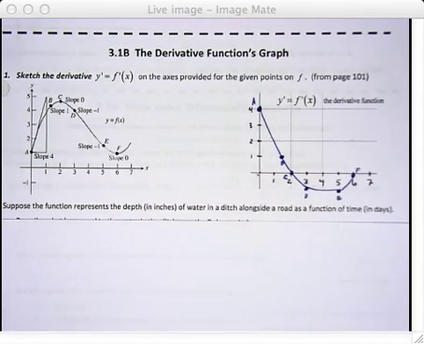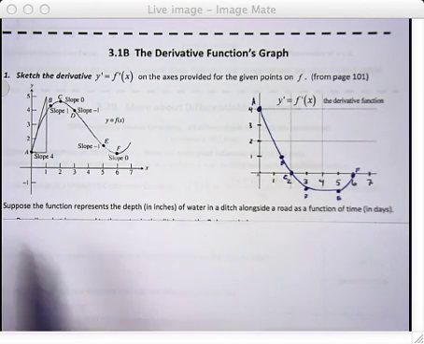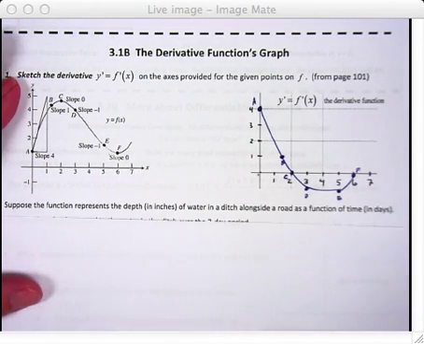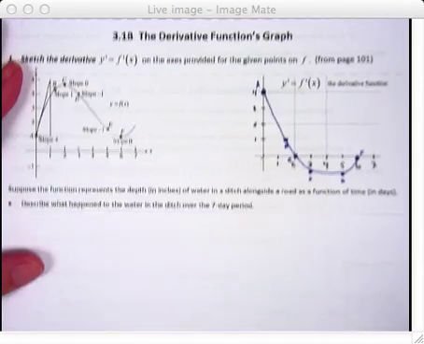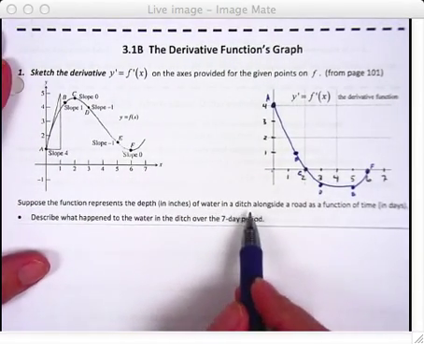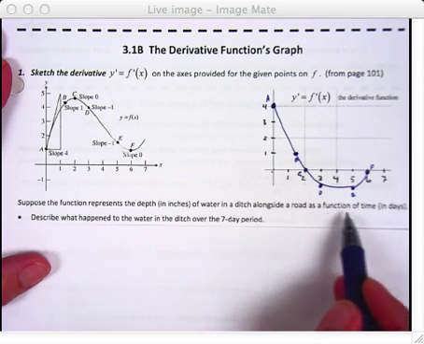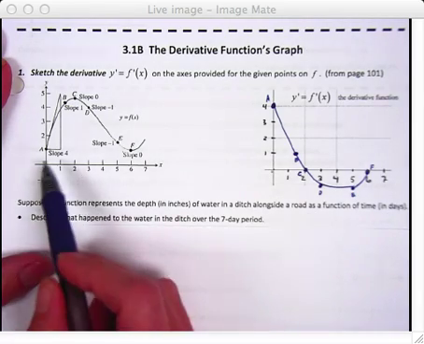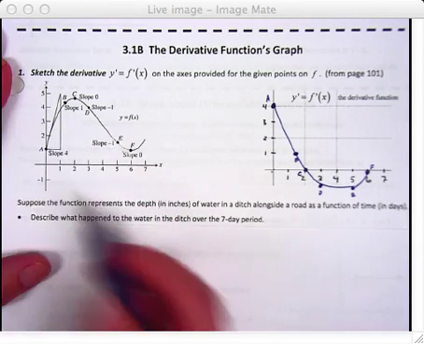Now let's see. It says suppose the function represents the depth in inches of water in a ditch alongside a road as a function of time. So this is how deep the water is over time.